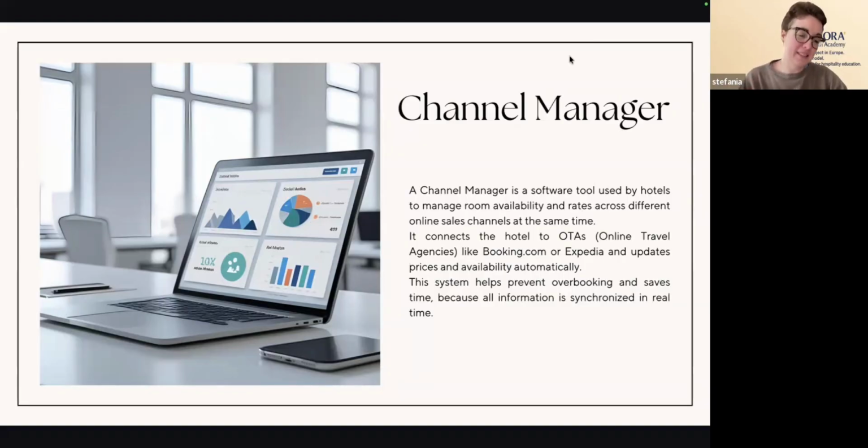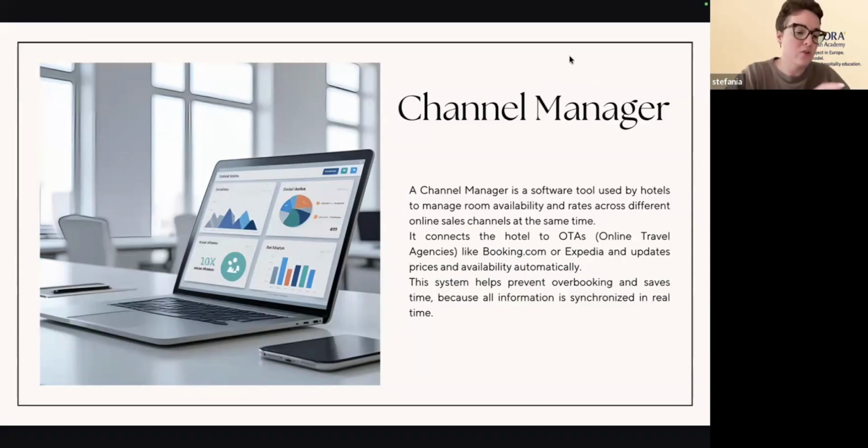So that takes a lot of time, and you could make more errors. For example, you put 200 as 150, and you cannot control this information. While with Channel Manager, you do one operation, and the system is going to synchronize the information with every OTA.